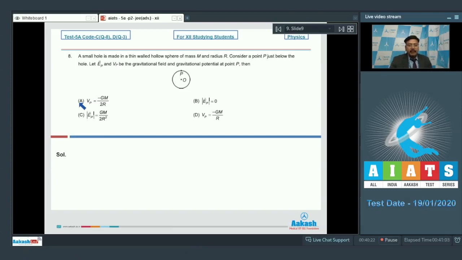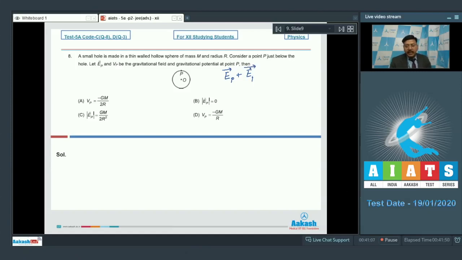So what we do here is we apply the principle of superposition for gravitational field. So we know that the gravitational field inside this thin walled sphere, when it's complete, when the hole is not made, is 0. So that means gravitational field EP due to the remaining part plus gravitational field due to the removed part, let's call it E1 simply.